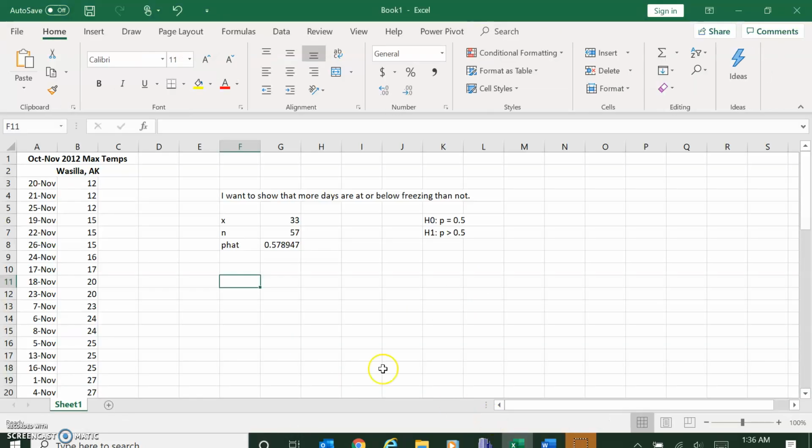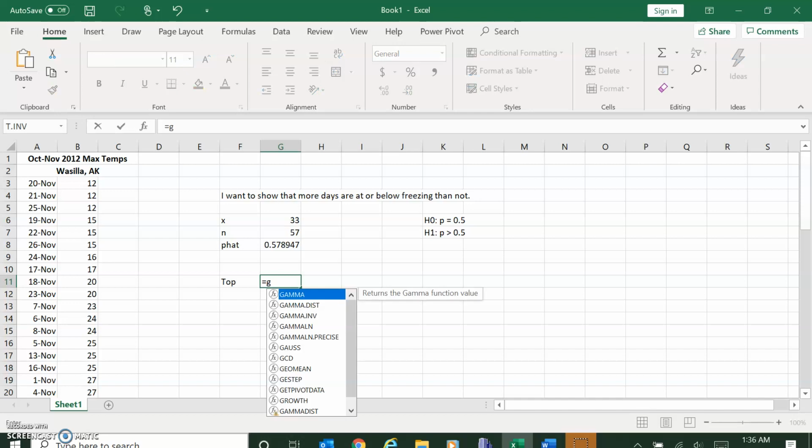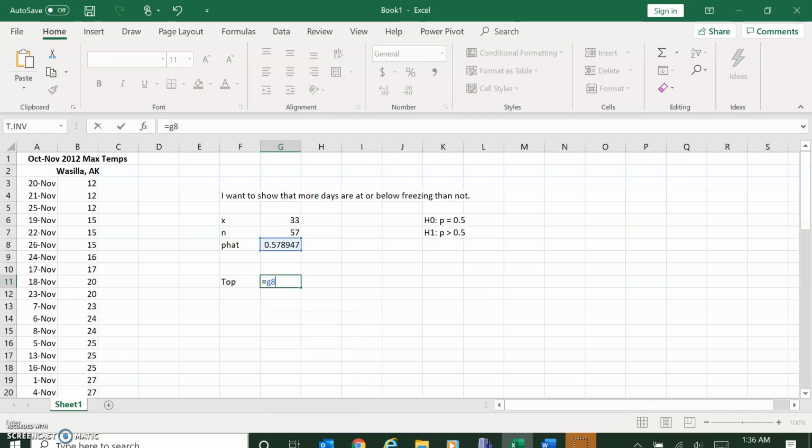So I'm going to actually do this all in Excel. My top is going to be G8 minus 0.5. A lot of times what I do is write the null right here, and then you can even use the formula for that, G9.